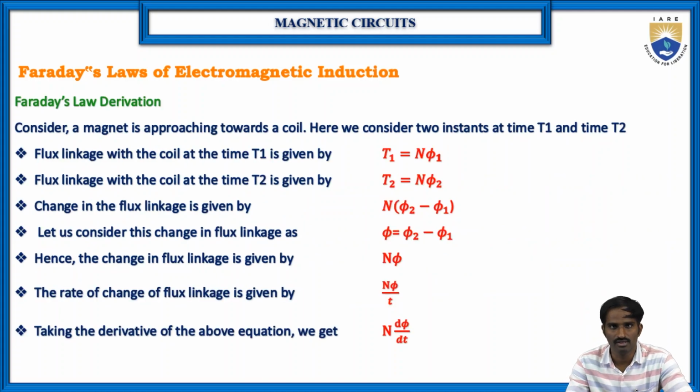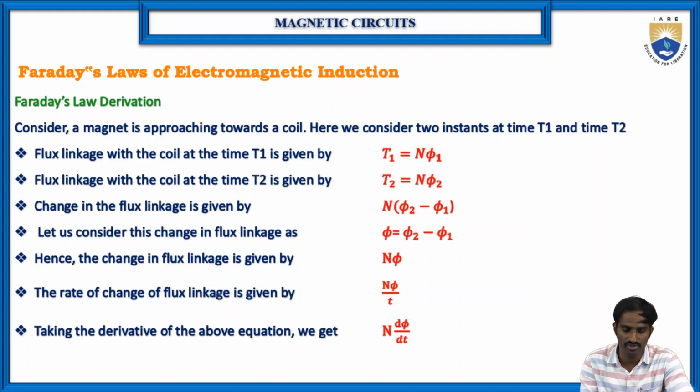Then the derivation: how can we derive Faraday's second law, that EMF is equal to minus N into d phi by dt? Let us consider the flux linkage with the coil at time t1, because only when there is a change in flux will an EMF be induced in the coil.